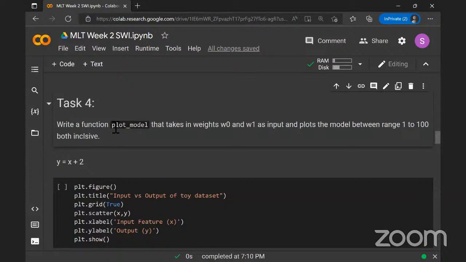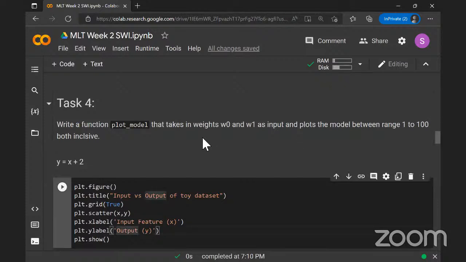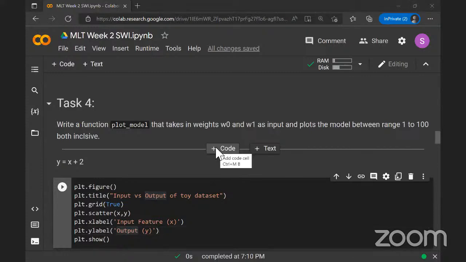You can actually modify task 2 to create an answer for this. So basically it is y equal to W0 plus W1 into x.